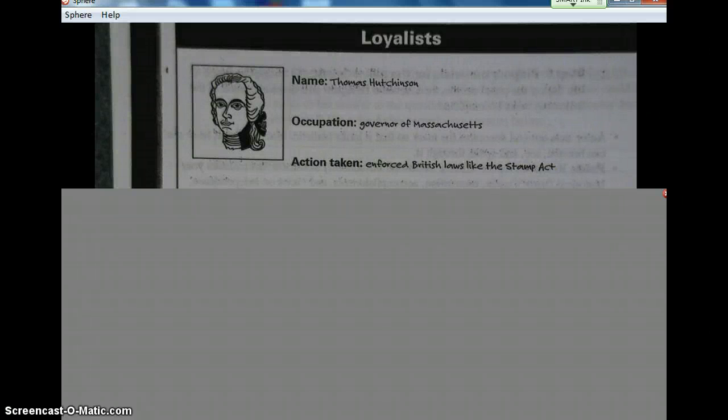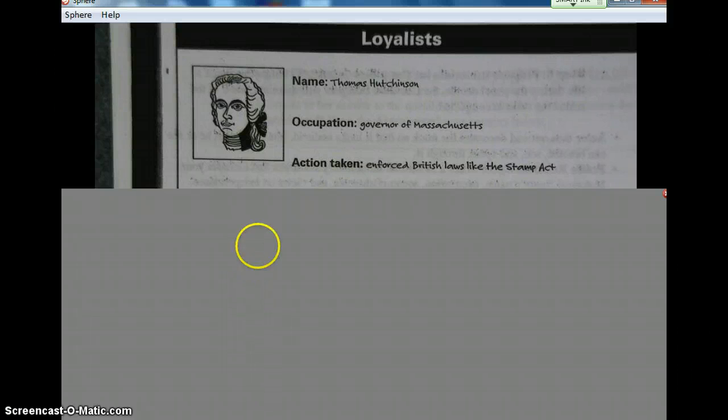Okay, so our last section for Thomas Hutchinson is we need to find what were his arguments against independence. Why did he not want to become independent from Britain? So if you will pause the video and reread paragraph 4 and then list the reasons he had against independence. Okay, as you can see in paragraph 4, it lists several reasons for against independence.